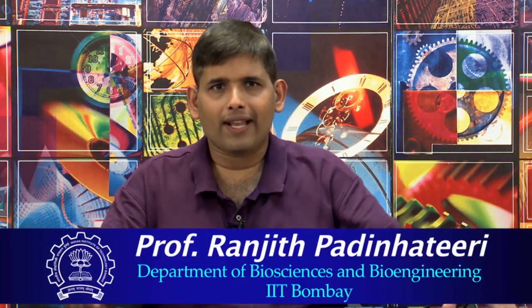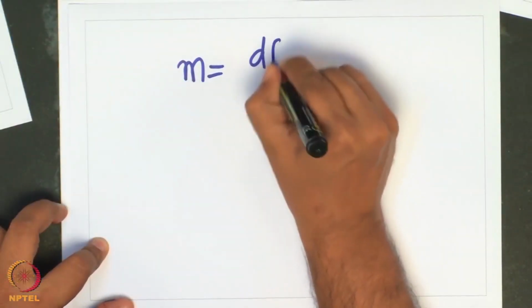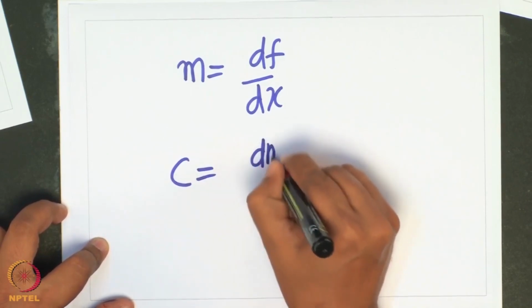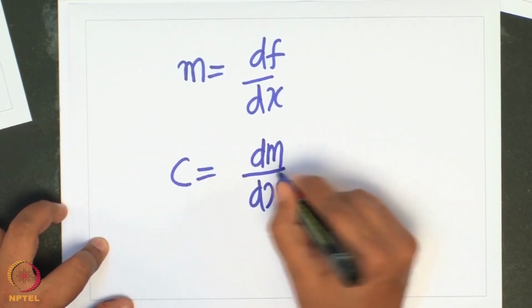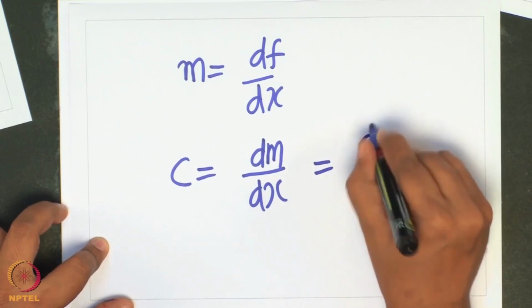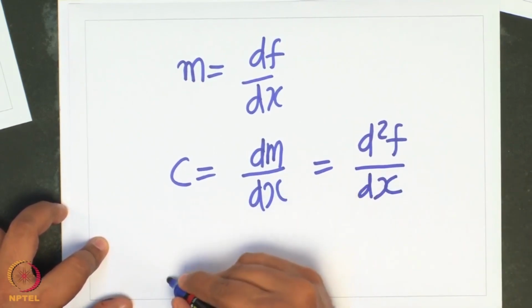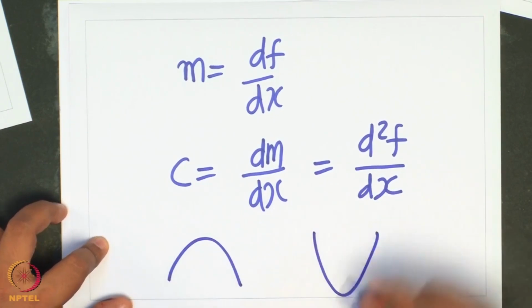So to summarize this lecture, basically what we described is all about second derivatives. We just said that m is the slope and curvature is dm by dx. How does the slope itself change, which is the second derivative of the function, and there are curves like this.